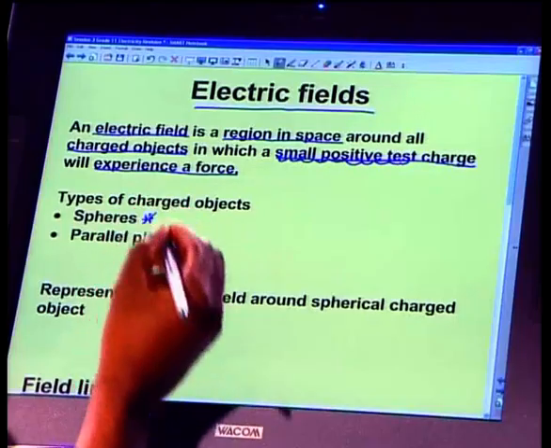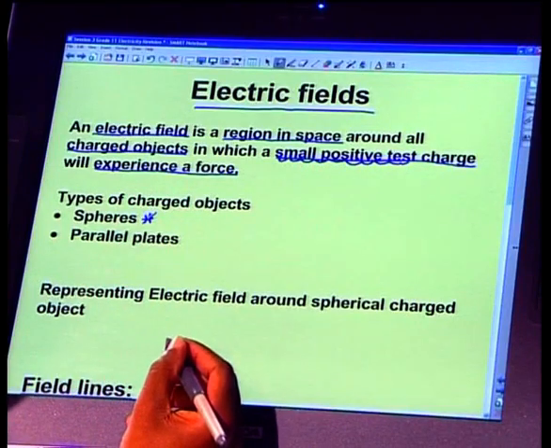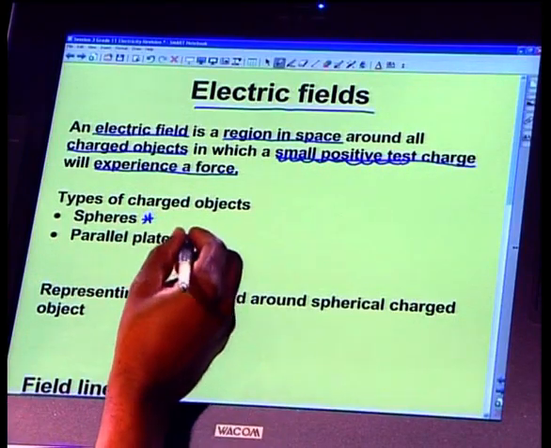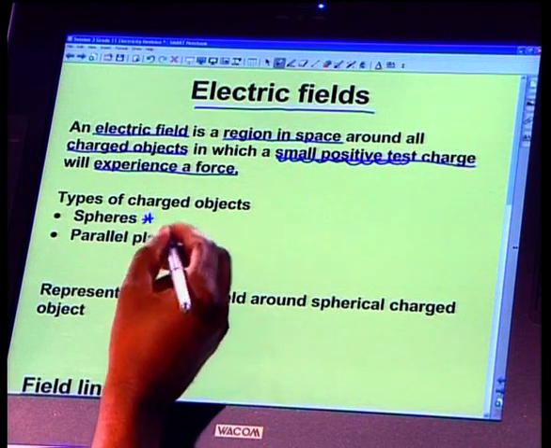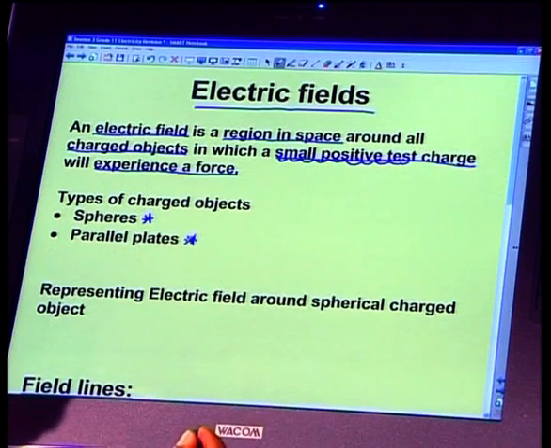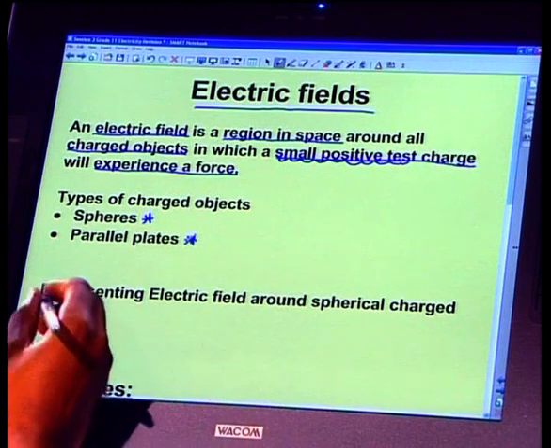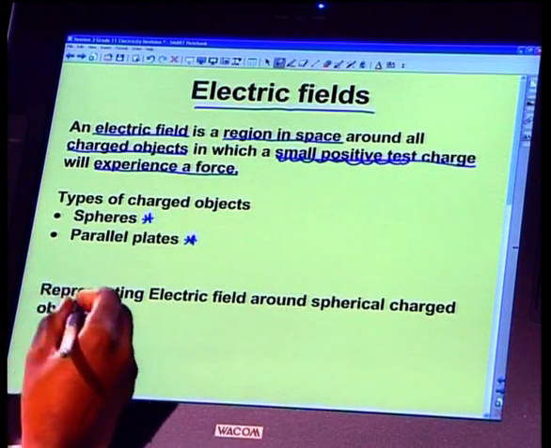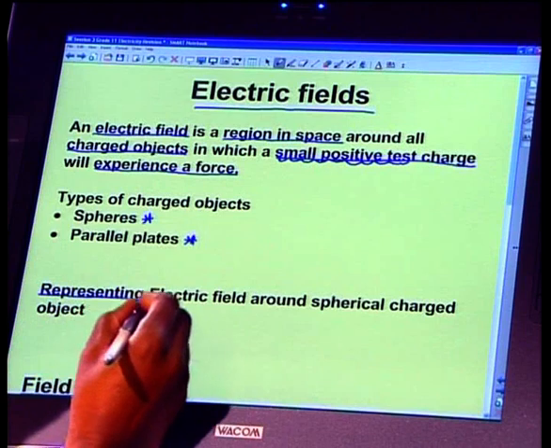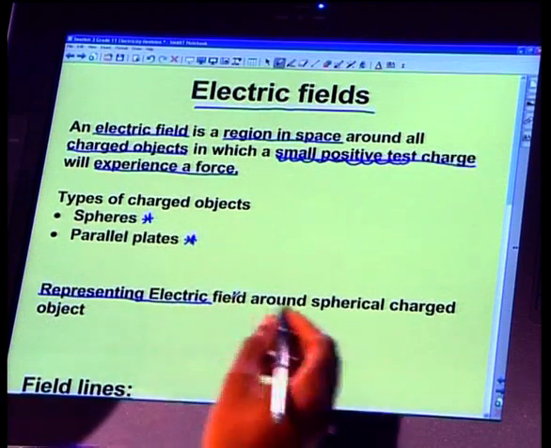We will be talking about spheres, like in the example that I gave earlier on. We will be talking about parallel plates. So we choose our type of objects very carefully. We are going to look at how we represent these electric fields around them when they are charged.